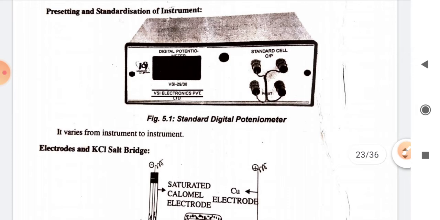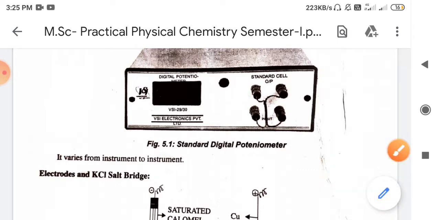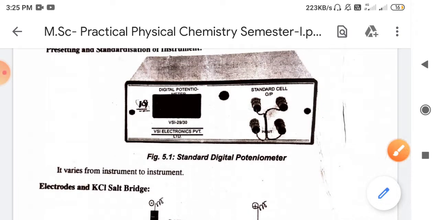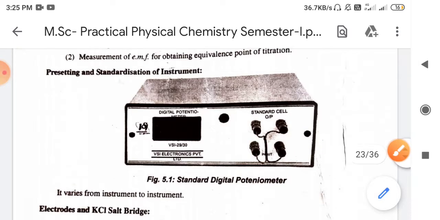Okay, so this is the picture of the standardized potentiometer. For the potentiometer, there are various channels, channel 1 and channel 2, and on the back side there is the standardization unit. So we are seeing the back side of this potentiometric instrument.